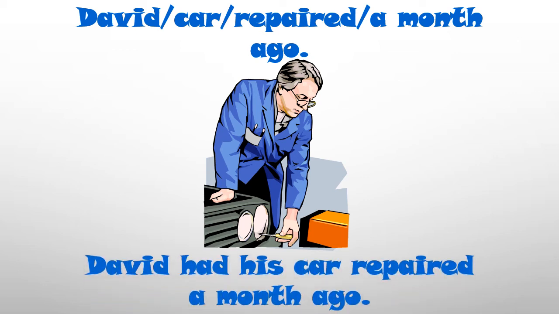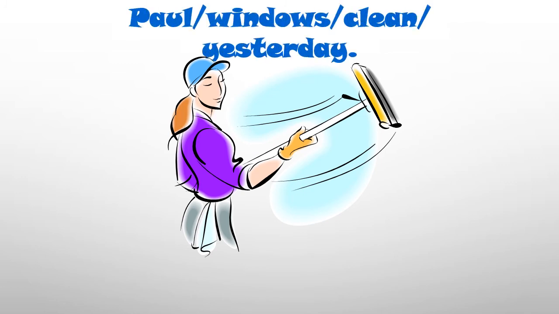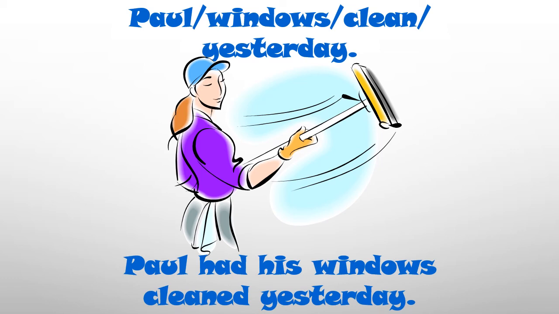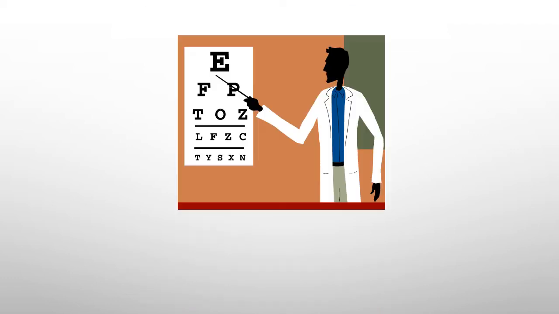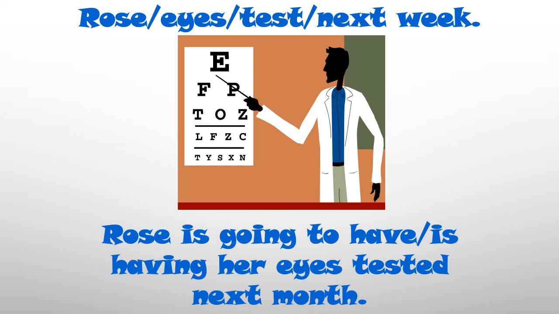David had his car repaired a month ago. What comes next? Paul had his windows cleaned yesterday. And the last sentence is: Rose is going to have or is having her eyes tested next month.